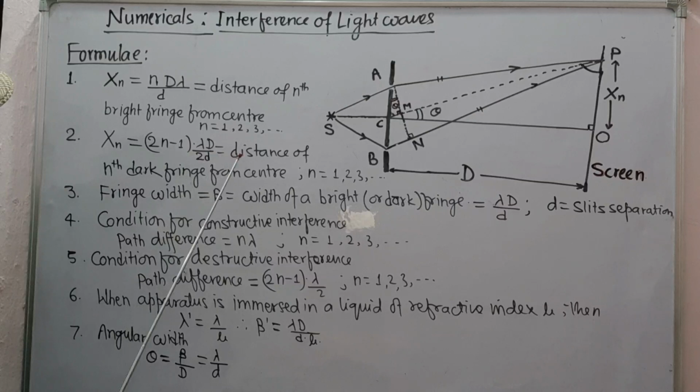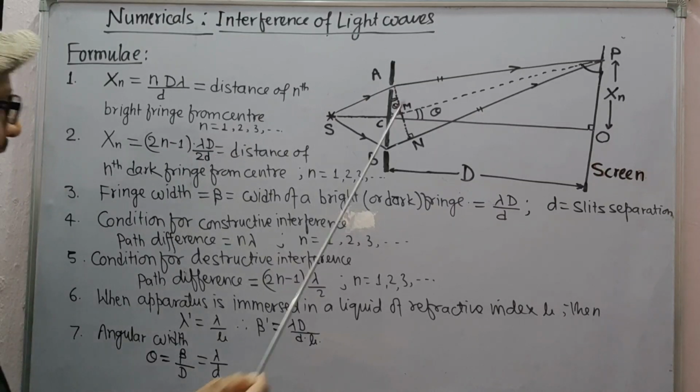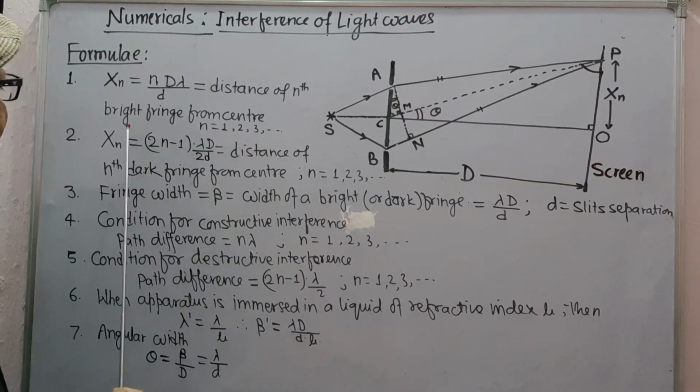Similarly, the distance of the nth dark fringe from the center of the screen is given by xn is equal to (2n minus 1) lambda D upon 2d, where n is 1, 2, 3 and so on, an integer.